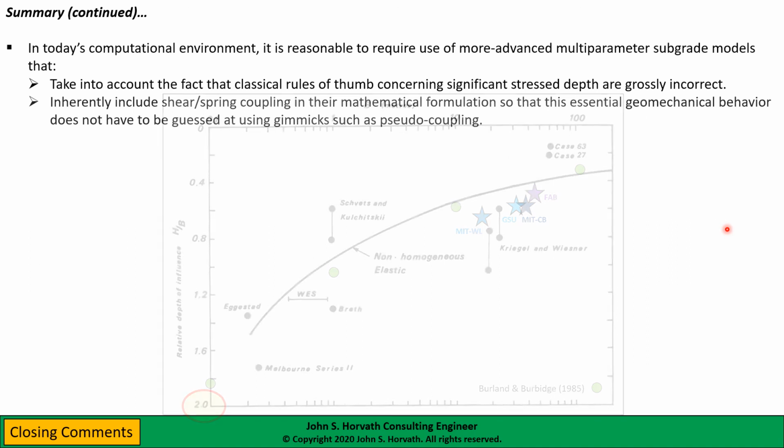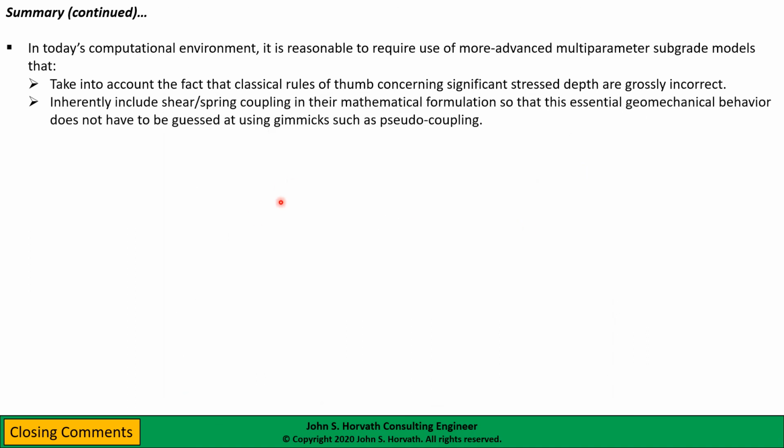We need to incorporate shearing and spring coupling in the mathematical formulation so that we don't have to resort to gimmicks such as pseudo coupling. We need to basically restore the coefficient of subgrade reaction to being a calculated outcome and not an input parameter that we need to guess at beforehand.